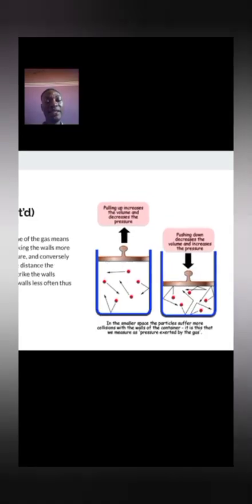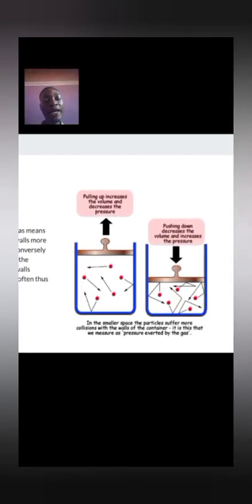What is meant in this short sentence is that when you increase the volume, the speed of the molecules is reduced. Let's look at it this way: the speed of a molecule is directly proportional to the pressure.